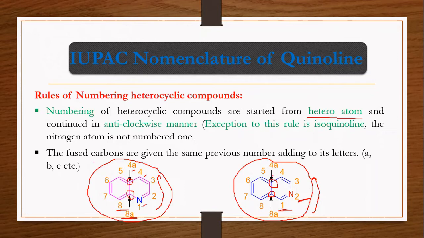While here also, in case of isoquinoline, the previous number is 4, then it becomes 4A, and 8 becomes 8A.